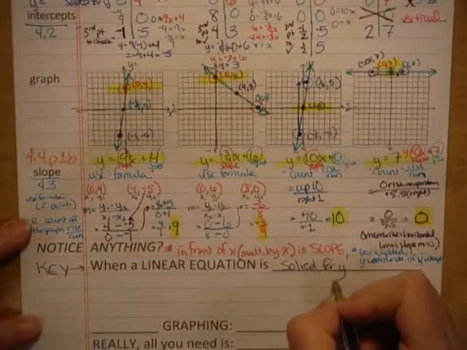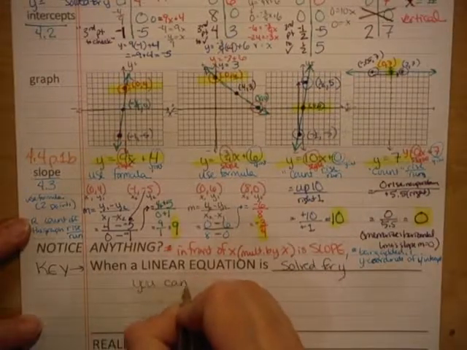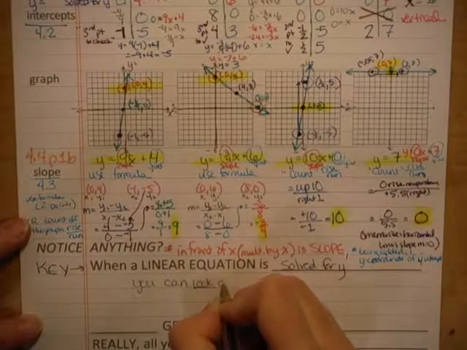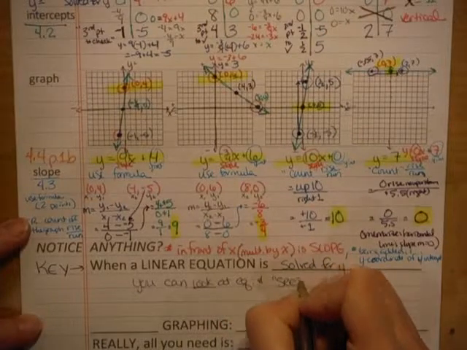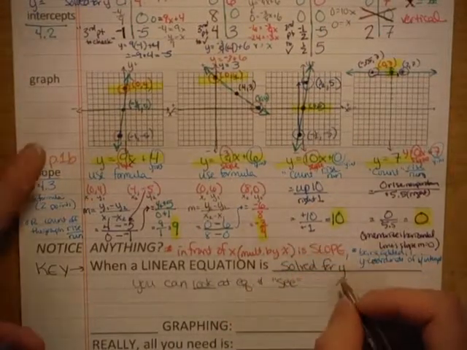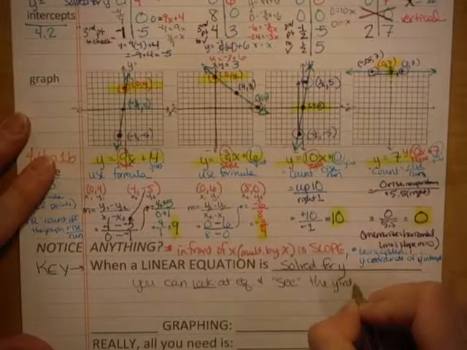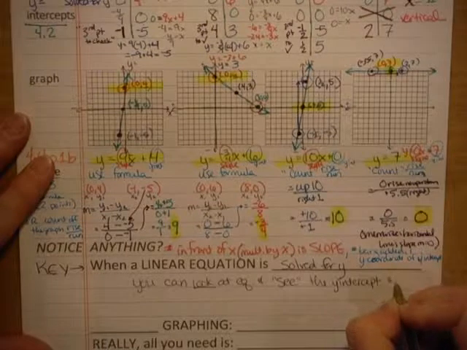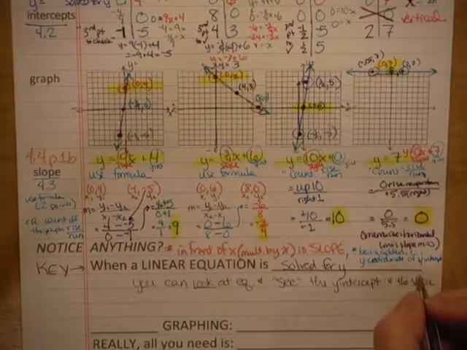When a linear equation is solved for y, you can look at the equation and see, without having to do any calculations at all, the point where it's going to cross the y-axis, the y-intercept, and you can see the slope, the steepness of that line.